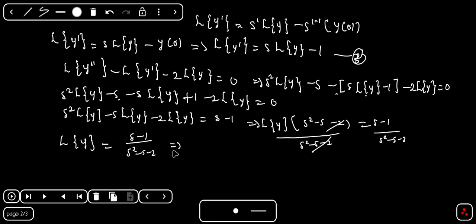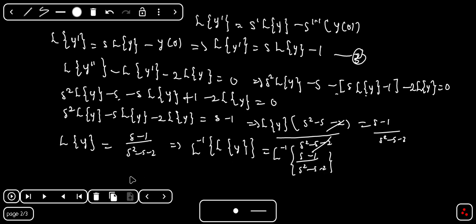So the next thing we are going to do now, to solve this differential equation completely, we have to find the inverse Laplace of both sides. Okay, so the inverse Laplace of the Laplace transform of y, which is equal to the inverse Laplace of s minus 1 over s raised to the power of 2 minus s minus 2.